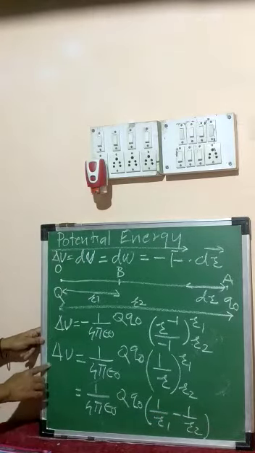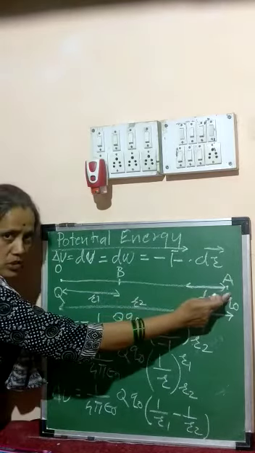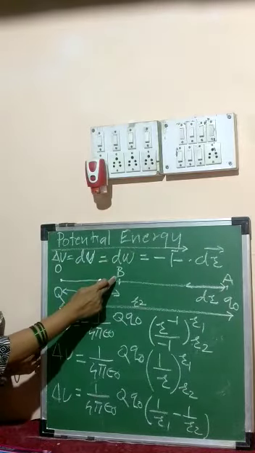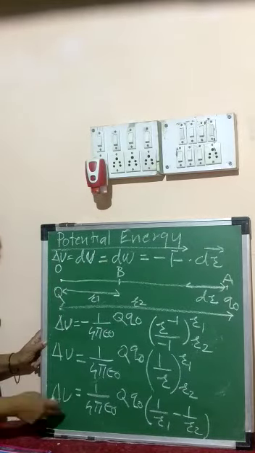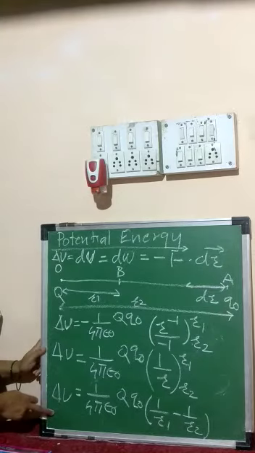So this is nothing but the change in potential energy when your Q0 charge gets displaced from A point to B point. Here, this change in potential energy is nothing but the work done.